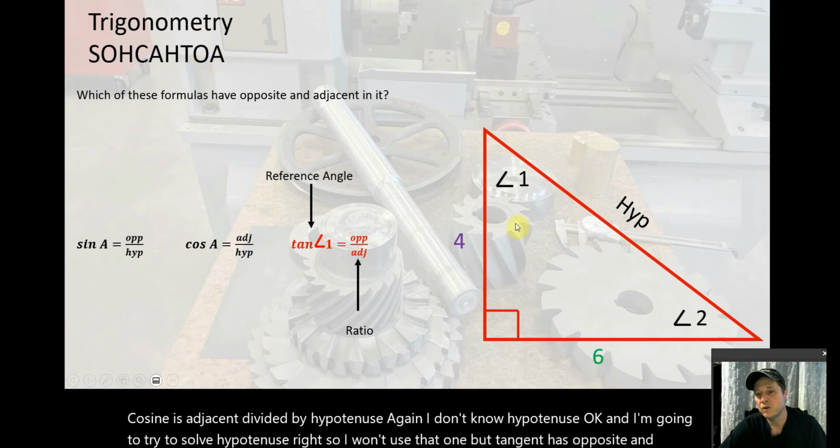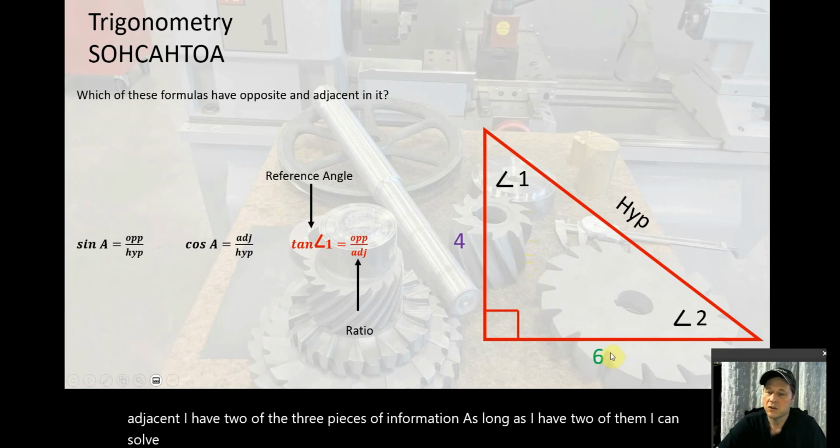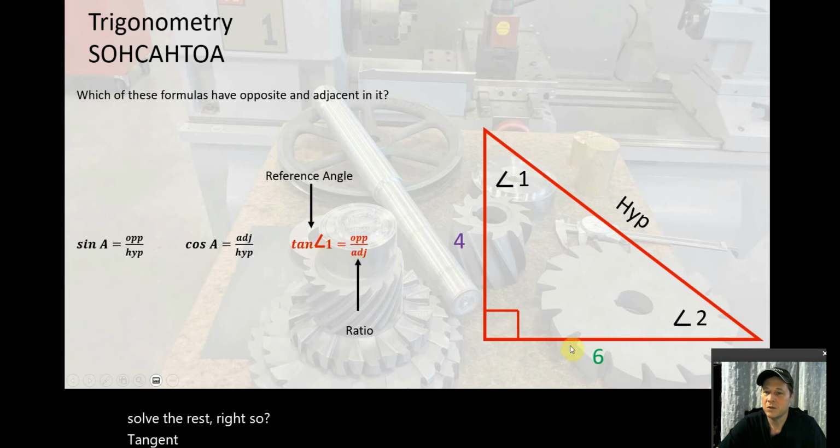I have two of the three pieces of information. As long as I have two of them, I can solve the rest, right? So tangent of angle 1 is equal to opposite over adjacent, right? Does that make sense so far? Yeah, it is. Okay.